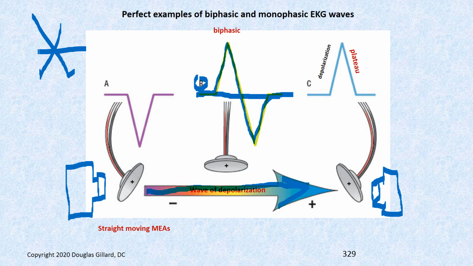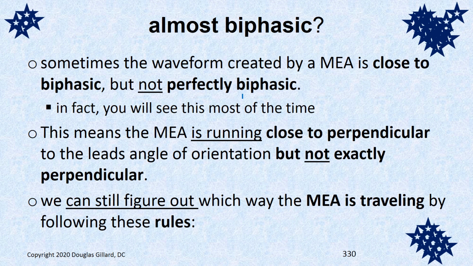Because is the current really going to go perfectly biphasic or perfectly perpendicular? Usually not perfect, but if you look at all those limb leads, you're going to find one that looks pretty darn biphasic, but not perfectly. So what about these non-perfect, almost biphasic waves?